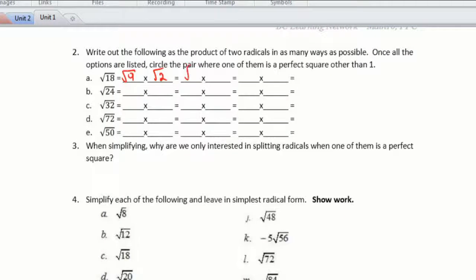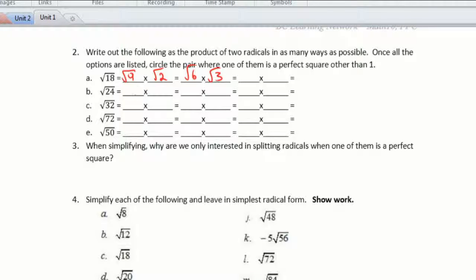I could get the square root of 6 and 3. And then I need to circle the one that's a perfect square. So in this case, square root of 9 is a perfect square. So that's how these questions are going to work. It's just helping you recognize the perfect squares that go into these.